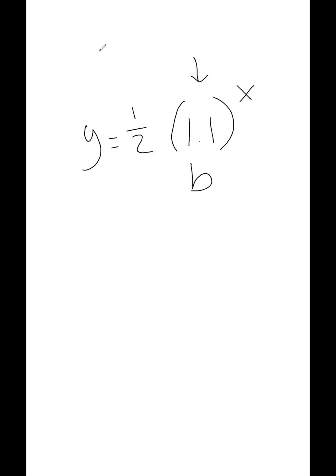So for this, I kind of like to think about money. If I do 1.1 and then I put a 0 behind it, that looks like $1.10. So that would be a growth. It's more than 1. A lot of people get confused when they see decimals because they think decimals automatically is a low number.